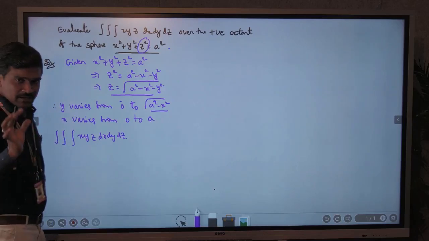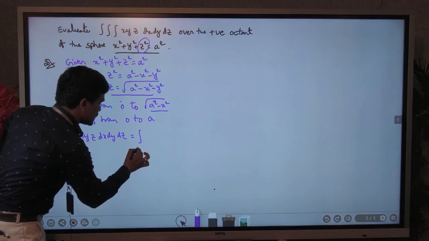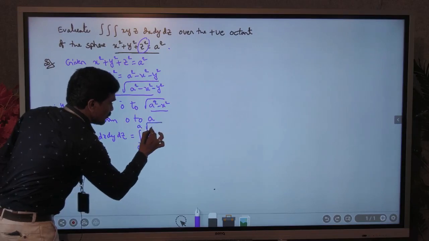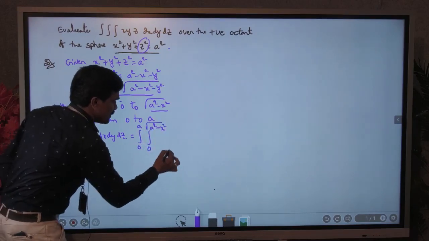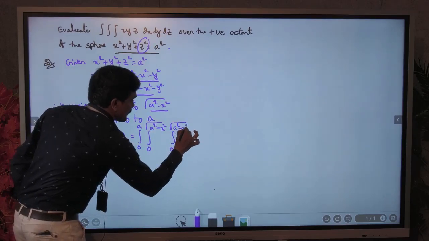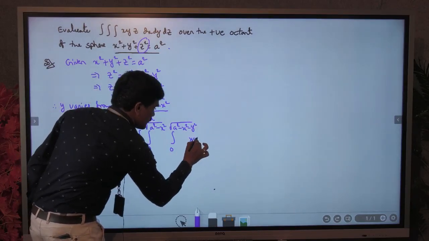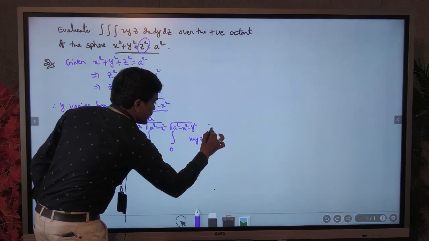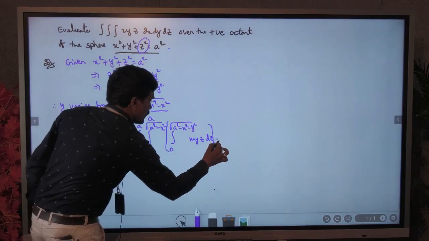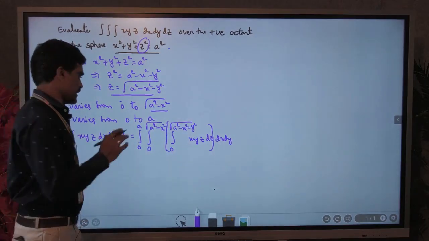So this can be written as x from 0 to a, y from 0 to square root of a square minus x square, and z from 0 to square root of a square minus x square minus y square, of x y z dz into dx dy.